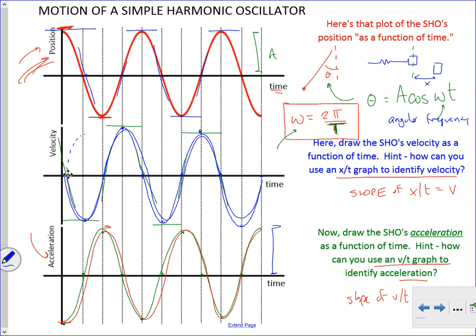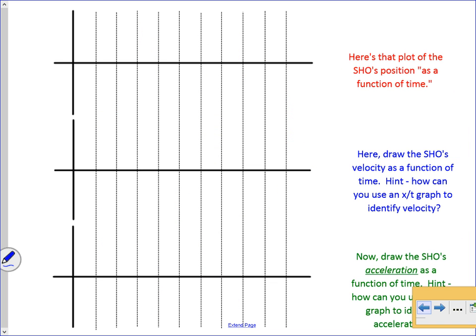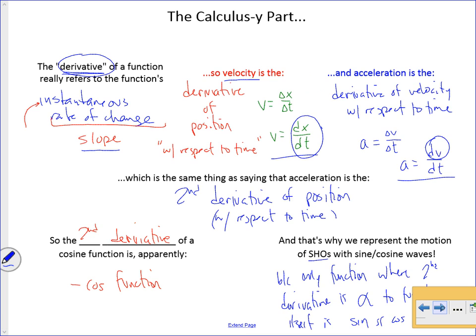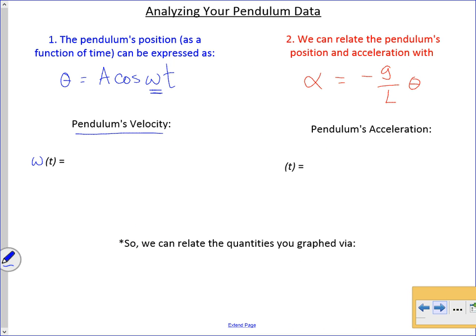This is a negative sine curve. So when we say that omega is d theta dt, well, theta is this. We showed you that it's really a negative sine curve. So it looks like this.